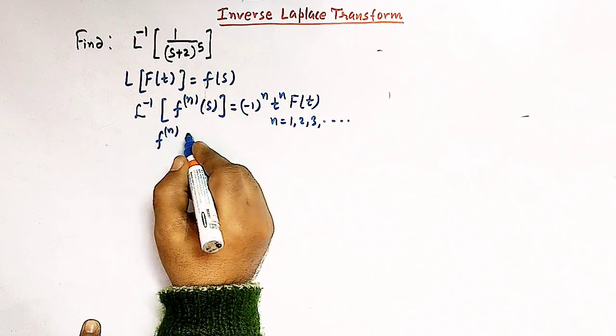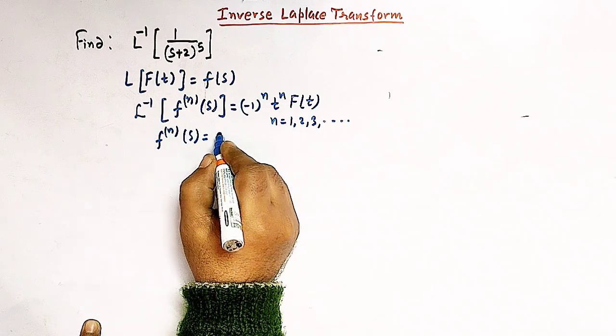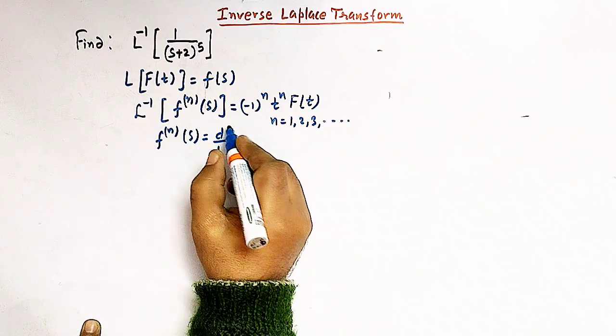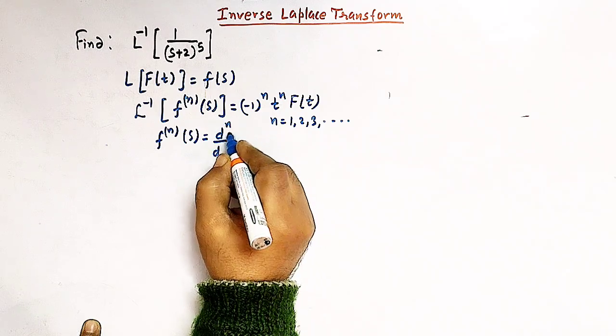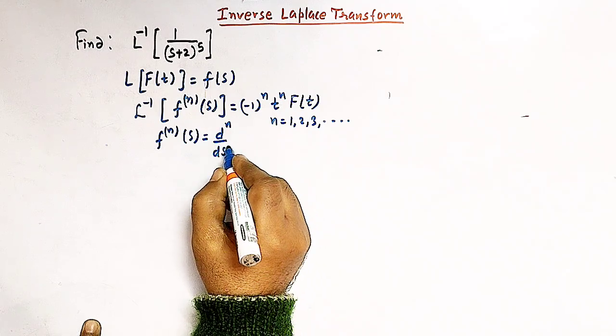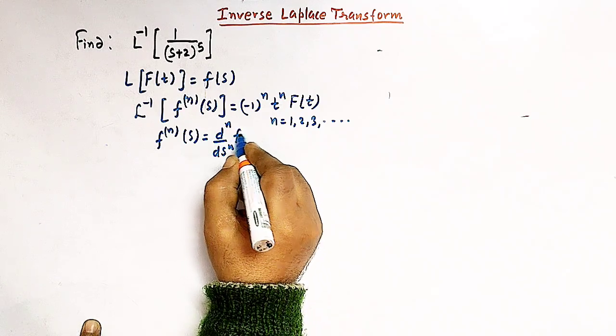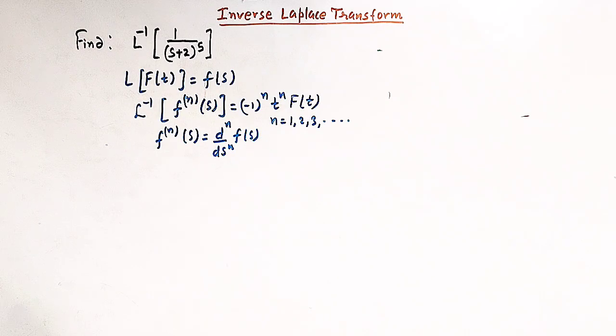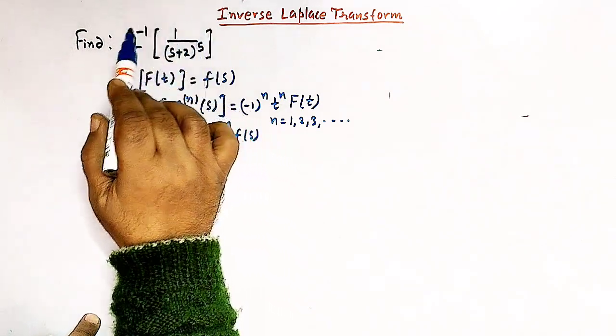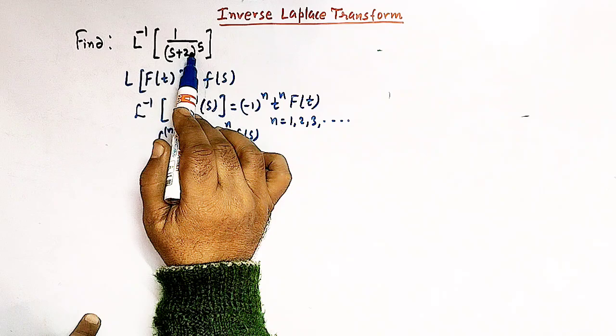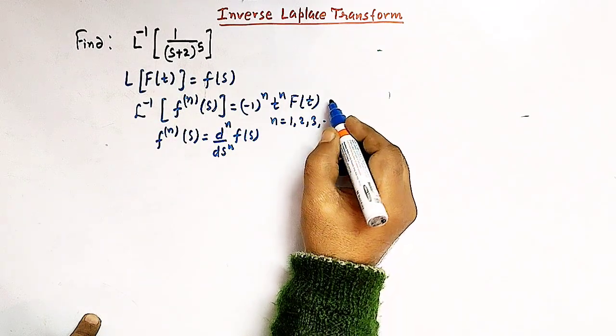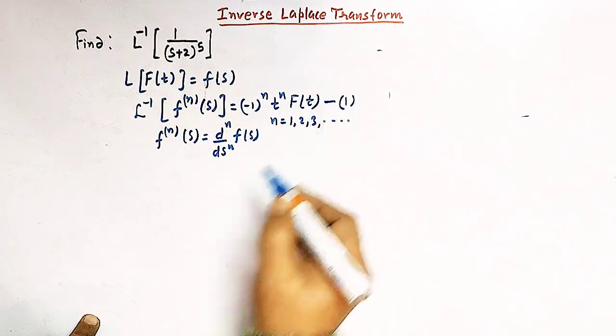The nth derivative of F(s) may also be denoted by d^n/ds^n of F(s). To get the inverse Laplace transform of this function, we are going to utilize this property.